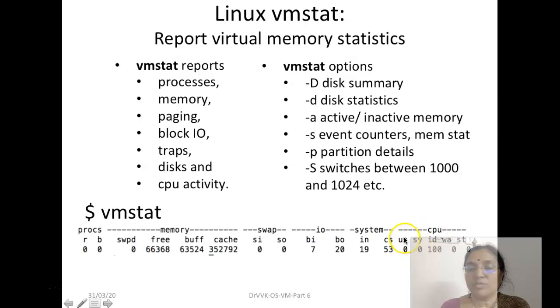So how much percentage of time is used by user processes, how much time is used by system processes, how much of the CPU time is idle, how much of the CPU time is used for wait, and then how much time was stolen, or taken away, from virtual memory.